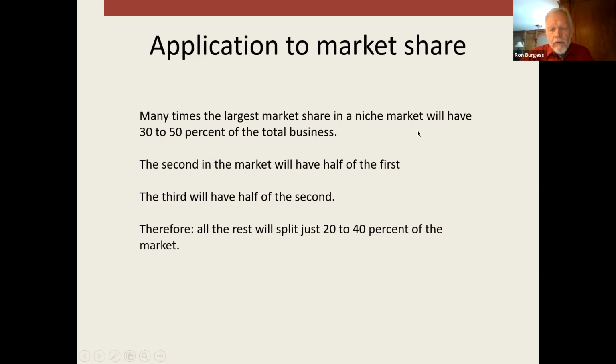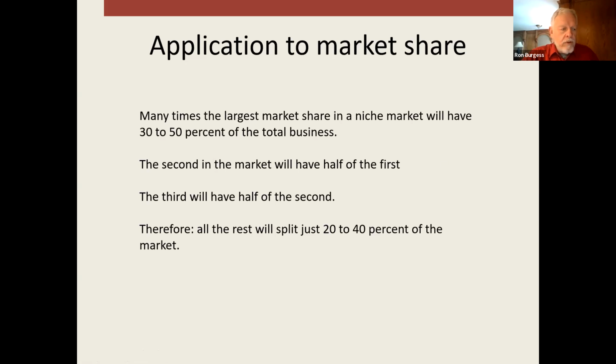But you could look at phone companies, for instance, and you'd see it falling into line, and many other ones. The second one many times has half of the revenue of the top one. The third one has half again. Therefore, the top three take the majority of the business in most markets, and I've noticed this to be true as well. And then all the rest will split just 20 to 40% of the market.